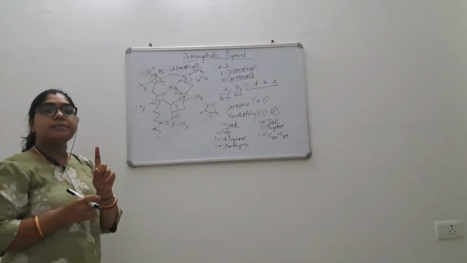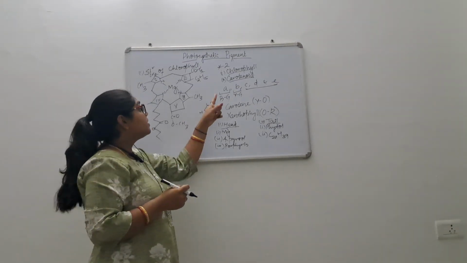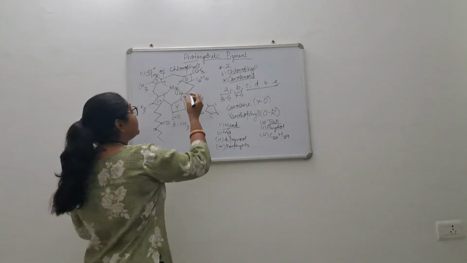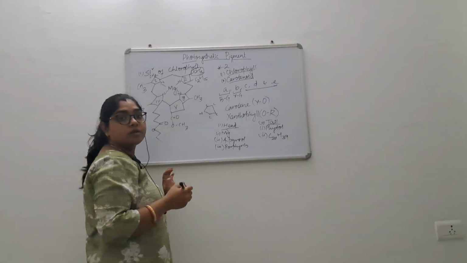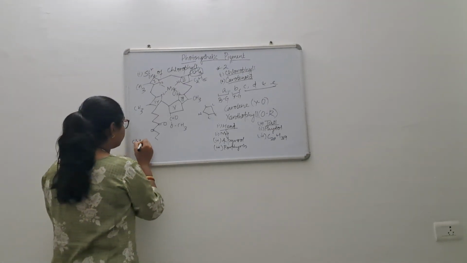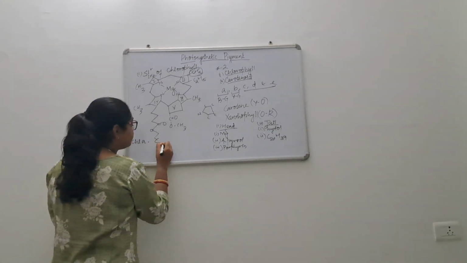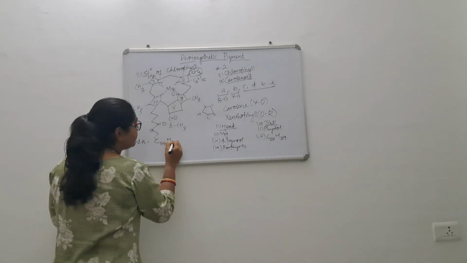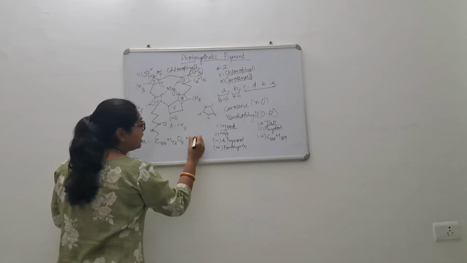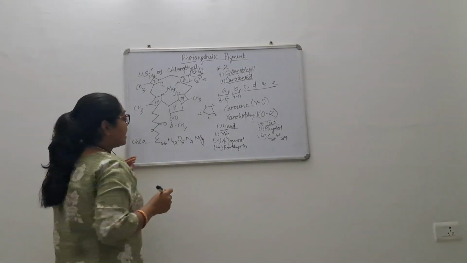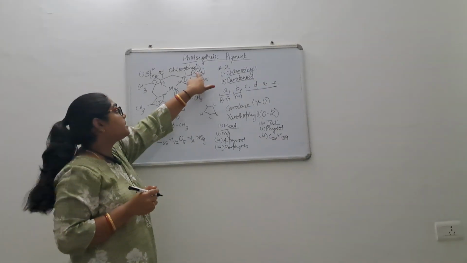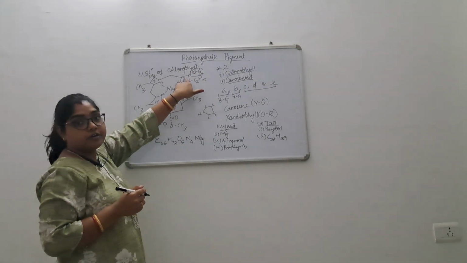But there is a very simple change when we consider chlorophyll A and chlorophyll B. In chlorophyll B there is a carbonyl group. So the chlorophyll A formula is C55H72O5N4Mg, and the basic structure of it has a methyl group on the second pyrrole ring.